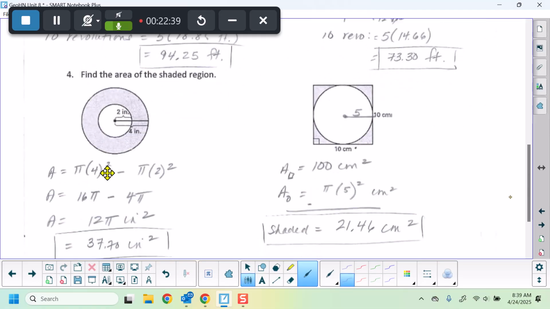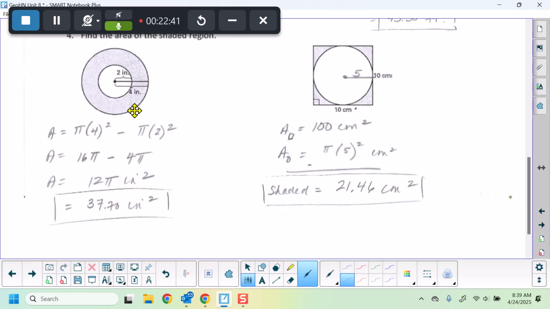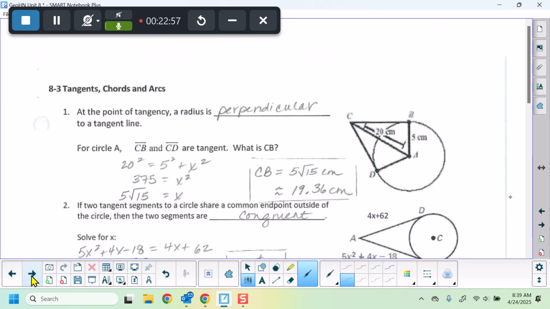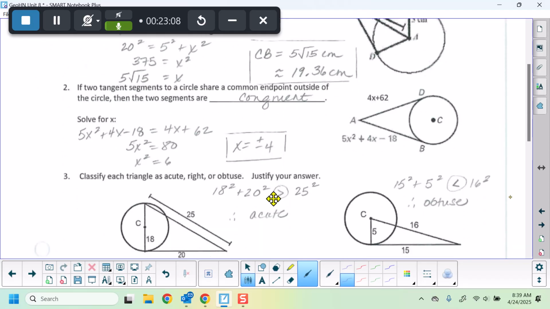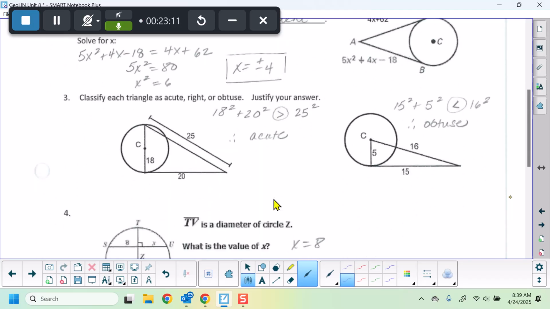Anytime you're finding area, you can go ahead and subtract their values. So find the area of a square, taking out the circle. Once you enter into the conversation of pi, you're not going to be able to keep your values rational. This part here is about tangents, making sure you know that the radius is perpendicular to the point of tangency, the congruent segments, and then solving problems like this.